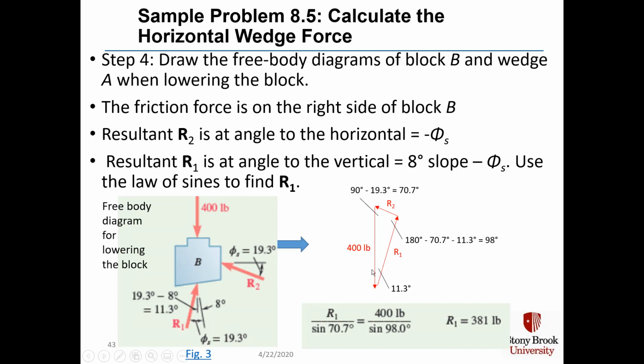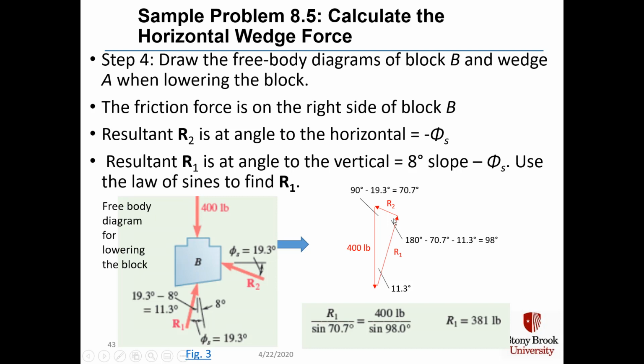Here's our 400-pound force acting down. There's our 11.3 degree angle between R1 and the vertical. Here, between R2 and the 400-pound force, we have an angle of 90 minus 19.3 degrees, which is equal to 70.7 degrees.